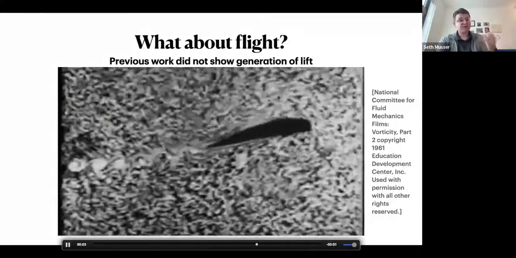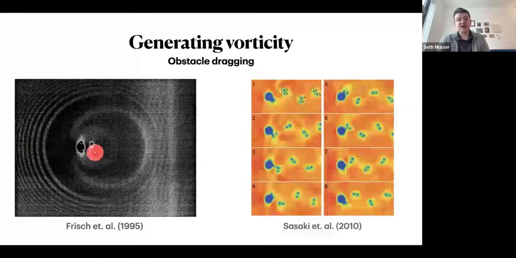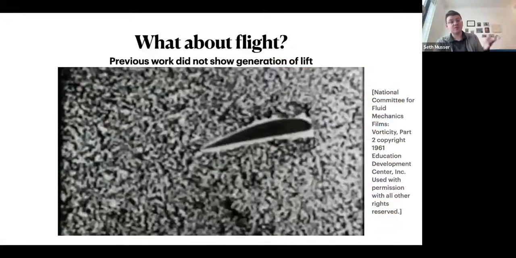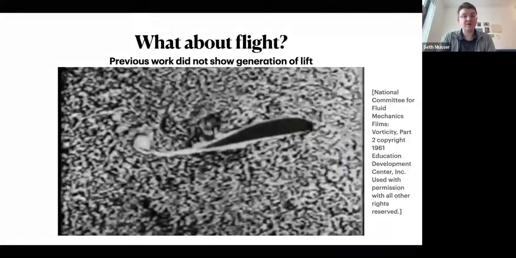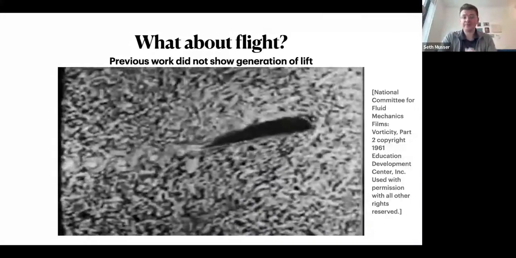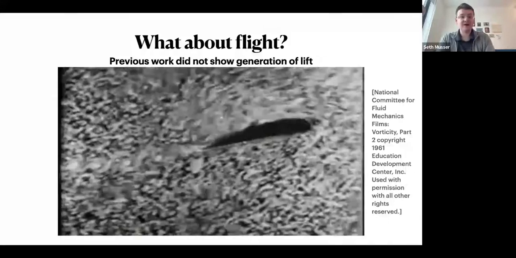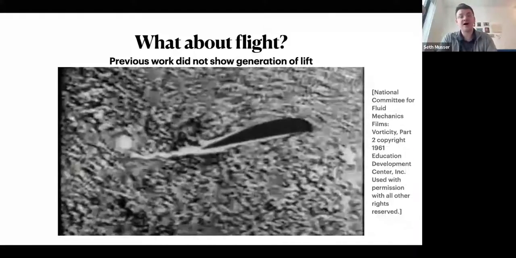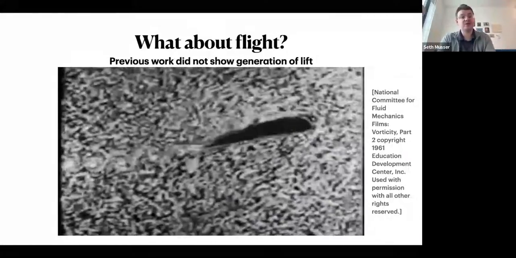However, you'll notice that this is a little different from these earlier situations. These had oppositely signed vortices. This is a single vortex with some distinct sign. So this had not yet been demonstrated, but we were curious as to whether or not you could generate lift by this kind of vortex generation.